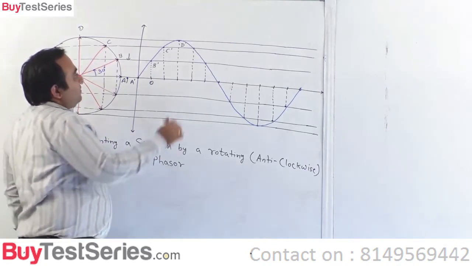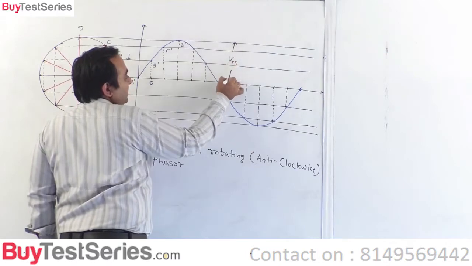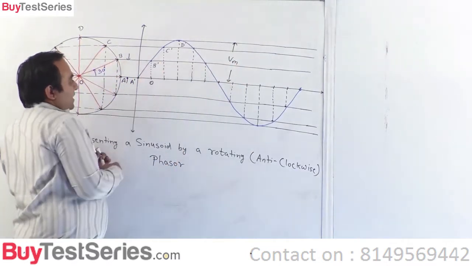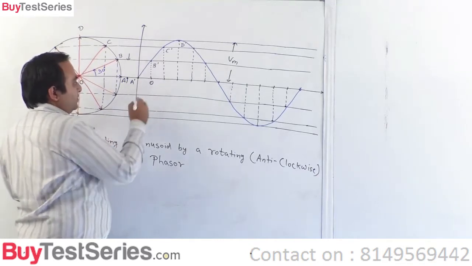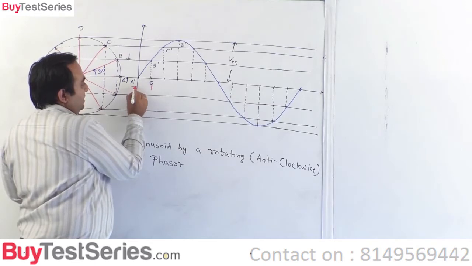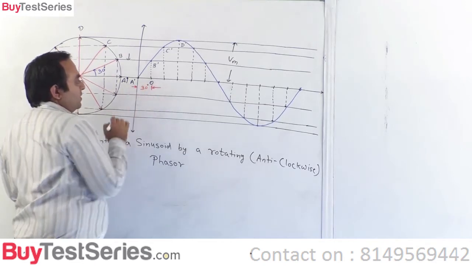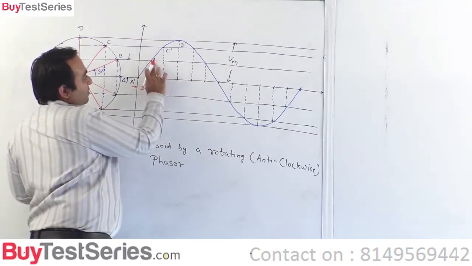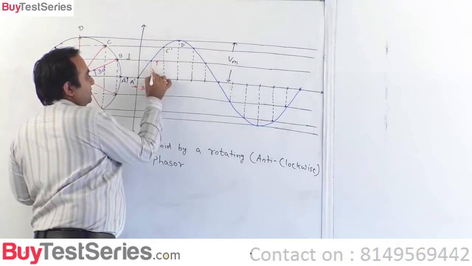Alright, so if this height is Vm, then this OB dash, you can see this angle is 30 degrees, will be Vm sine 30 degrees.